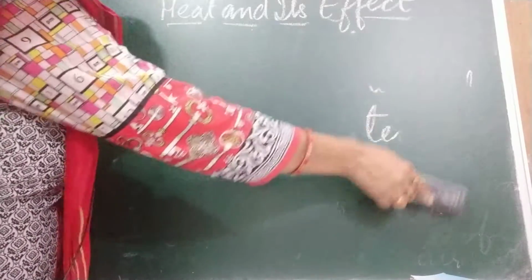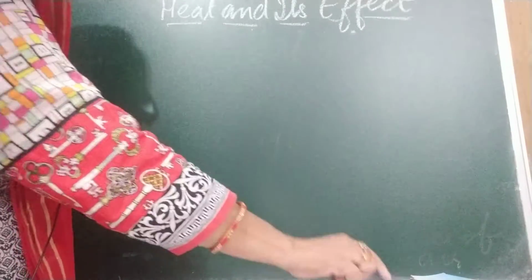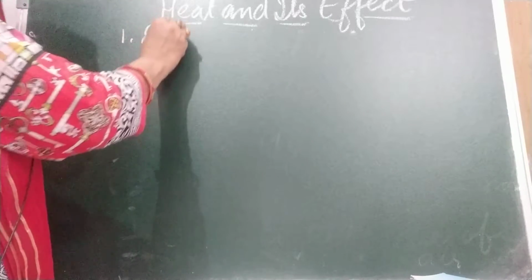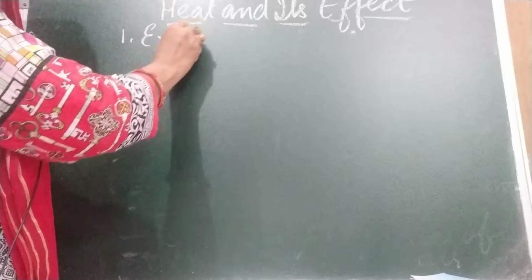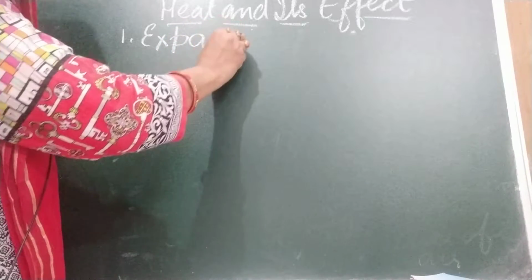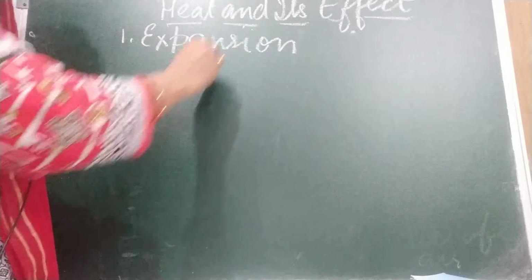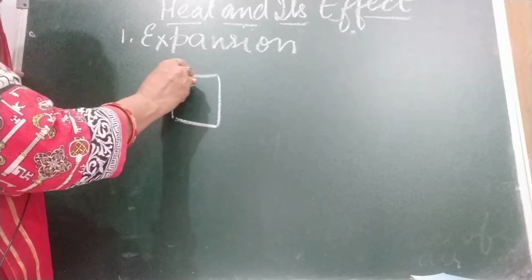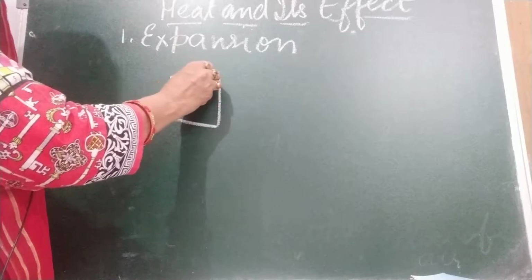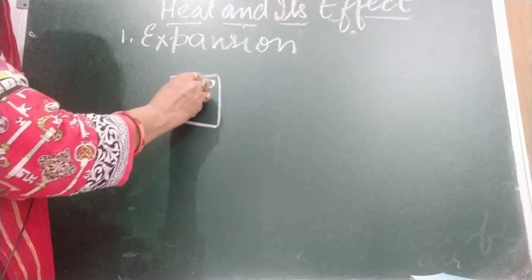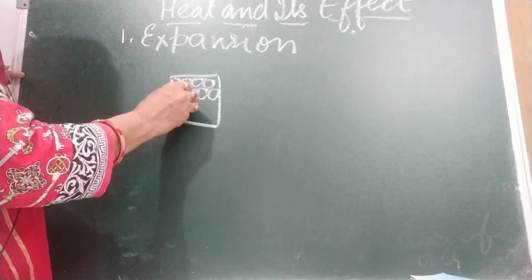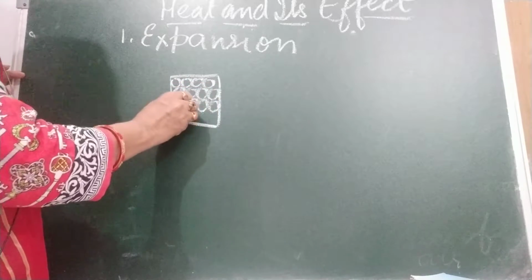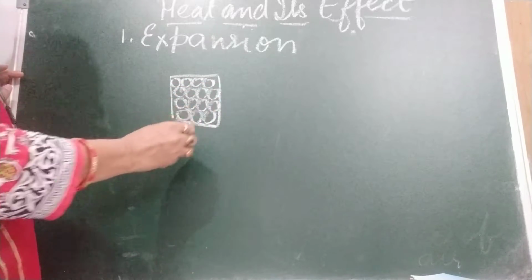As I told you, heat affects expansion. So first we are going to discuss expansion. What happens in expansion? In molecular form, suppose this is a solid. All molecules are very closely packed, and the intermolecular force between two molecules is very strong. They are holding each other very tightly.